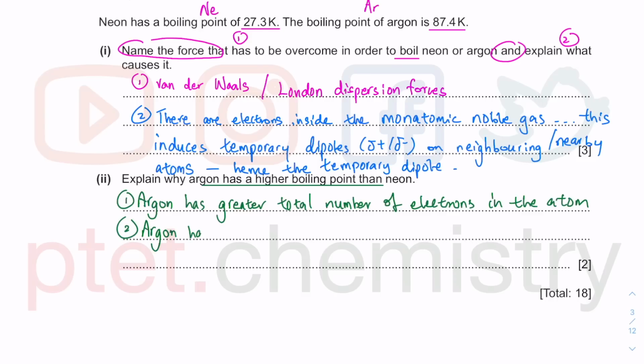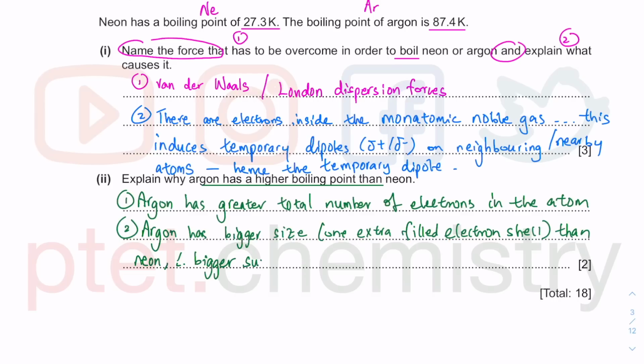Argon has a bigger size because it has 1 more shell. So 1 extra filled electron shell, as it is further down in group 8 or group 18, the noble gases group, compared to neon. Therefore, bigger surface area due to the bigger size.